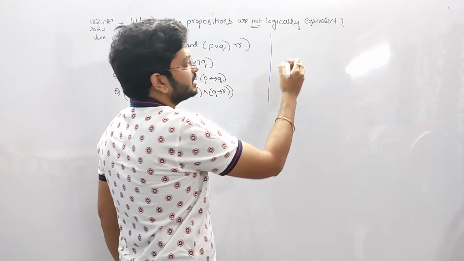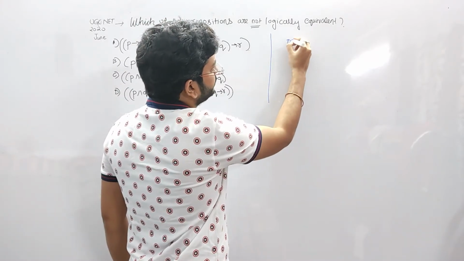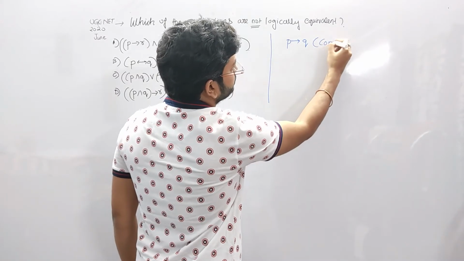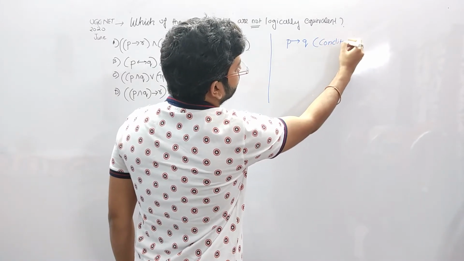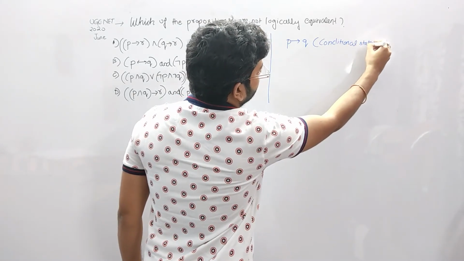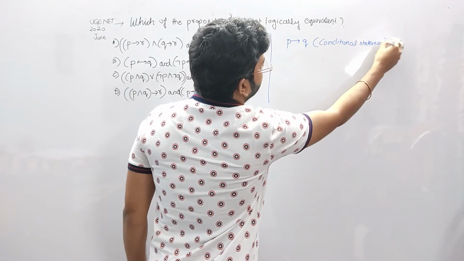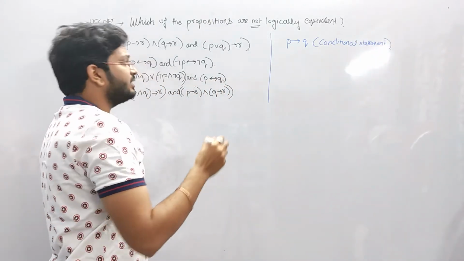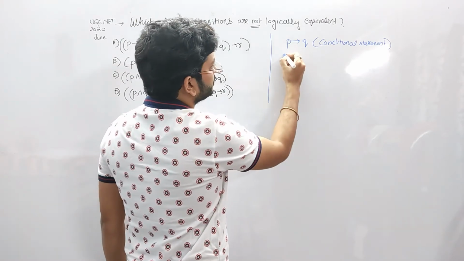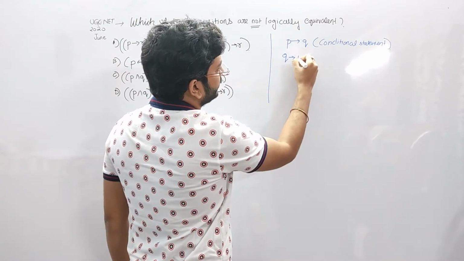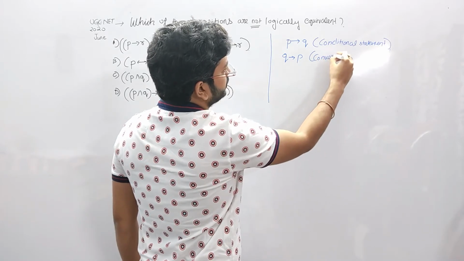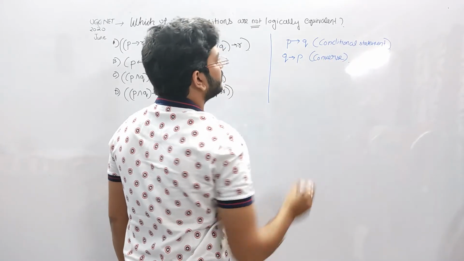First is the conditional statement, which is P implies Q. Now then comes the converse of the conditional statement, that is Q implies P. This is the converse.